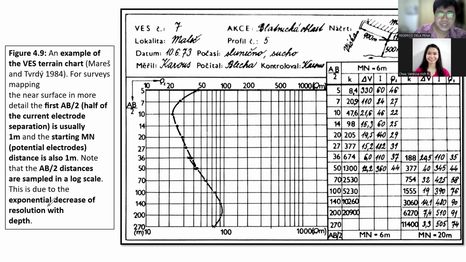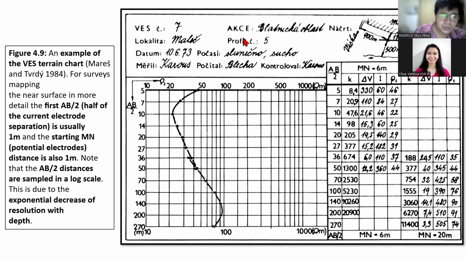So there's really no sense in having a constant spacing as you go deeper, because you have a very granular resolution there. Therefore, the practice is to increase the electrode spacing exponentially as you go deeper and deeper, because you have a coarse resolution at depth anyway.